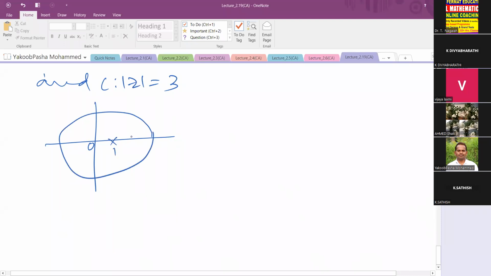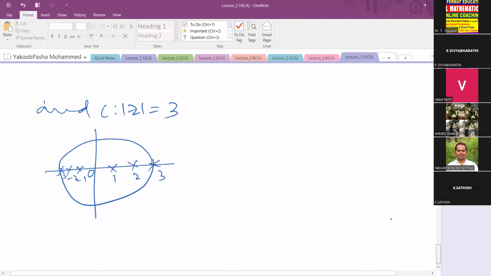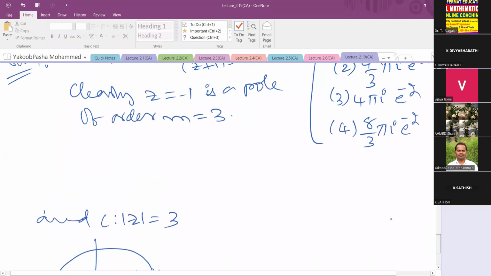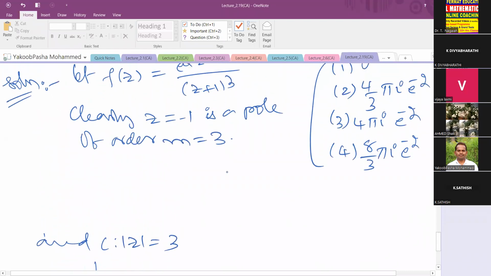This is minus 1, this is minus 2 and this is minus 3. So z equal to minus 1 is a pole of order 3 inside C, so we can calculate the residue at this point only.